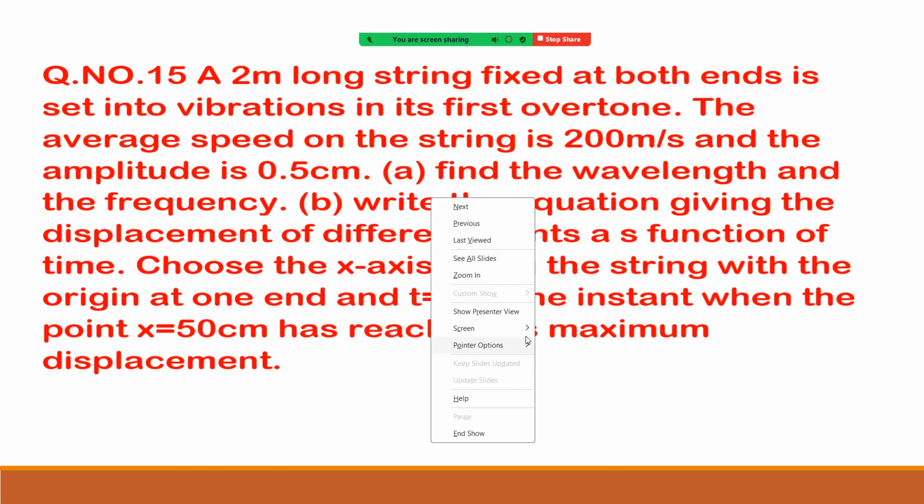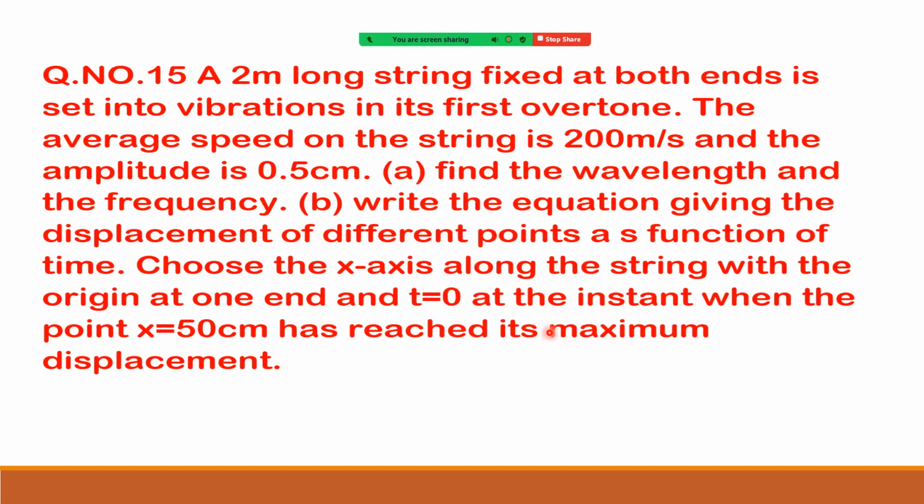Now see carefully the key points in this one. String length is given, fixed at both ends, so we should write sin kx. Both ends fixed. Next, it vibrates in its first overtone. First overtone means second harmonic, that means having two loops.